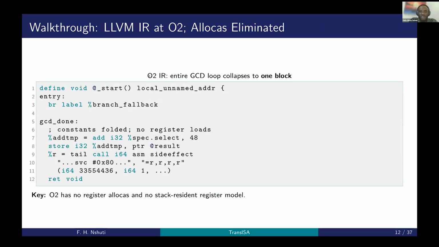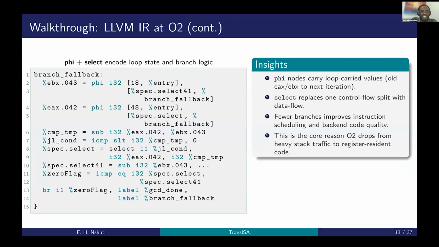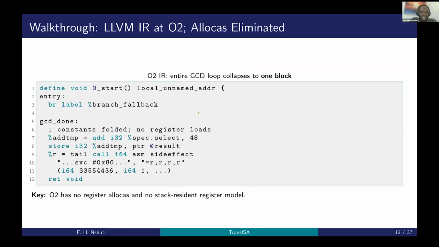You can see that when we use auto optimization, our routine has collapsed into just one block, and we just have another phi select that is encoding the routine state and the branch logic, eliminating those allocas that would slow our implementation and introduce the overhead of many instructions.